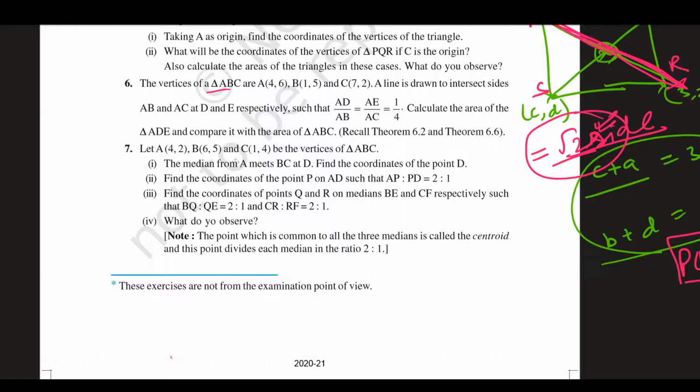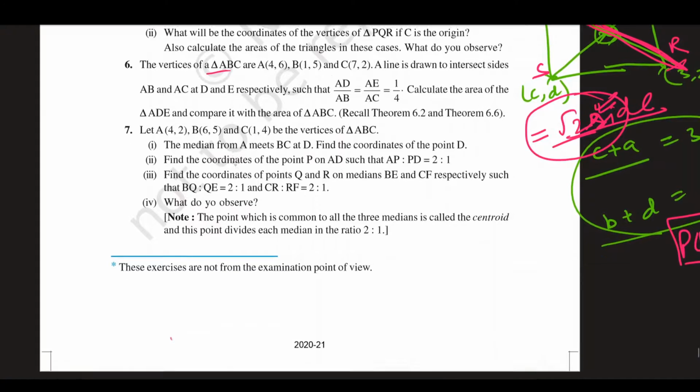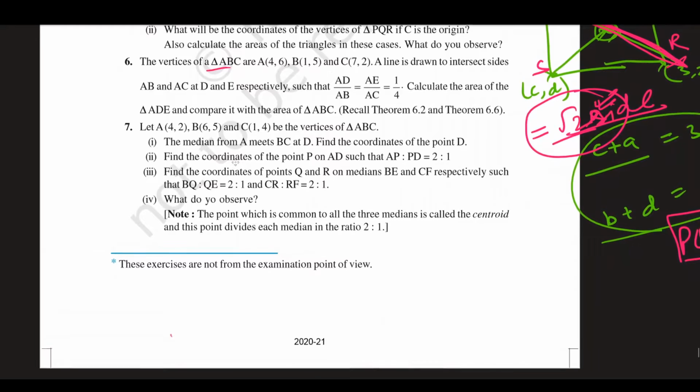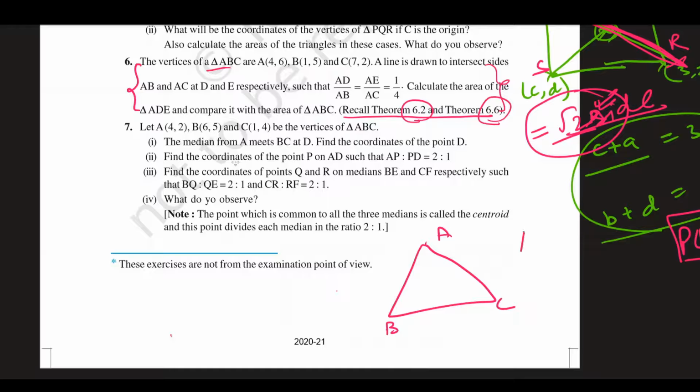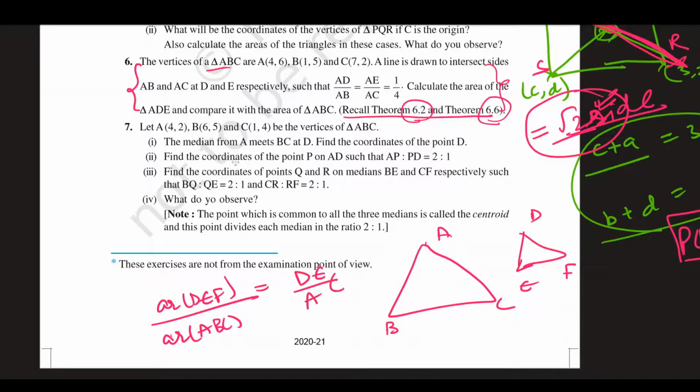Then the 6th question says that the vertices of triangle ABC are given. A line is drawn such that AD by AB, calculate the area. So this question is not of coordinate geometry, but more of similar triangles, and they are also giving a hint: remember theorem 6.2 and 6.6, which say that if we have this triangle ABC and another triangle DEF, and these two are similar, then the area of DEF upon the area of ABC is the square of the ratio of corresponding sides.